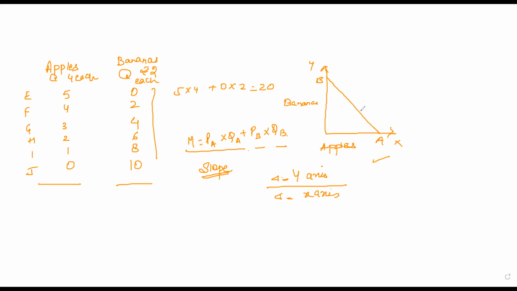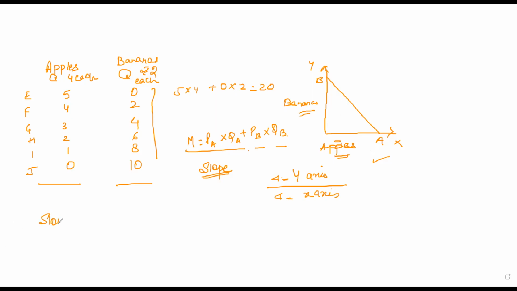Okay, so in this example of apples and bananas, the slope of budget line will be the number of units of bananas, this is the y-axis, which the consumer is willing to sacrifice for an additional unit of apple, that is on the x-axis.